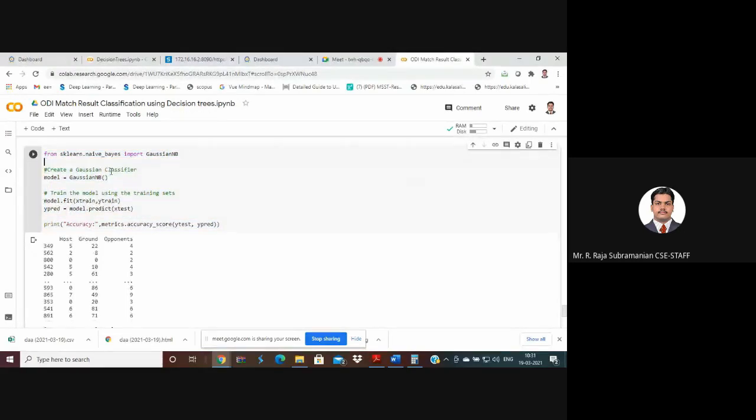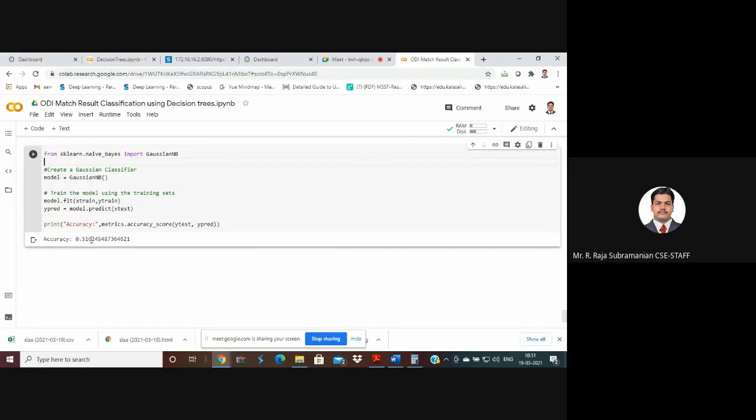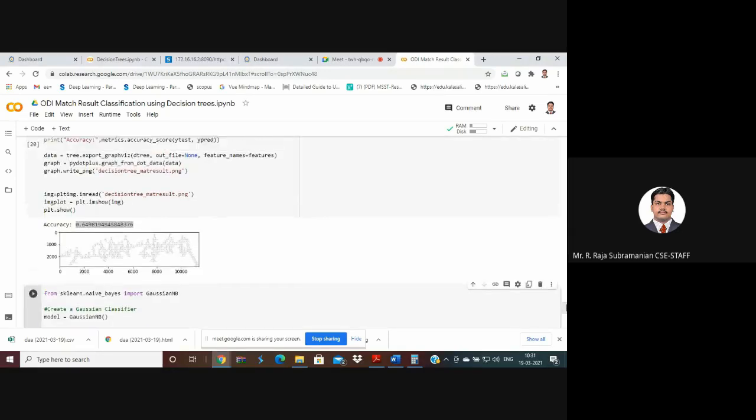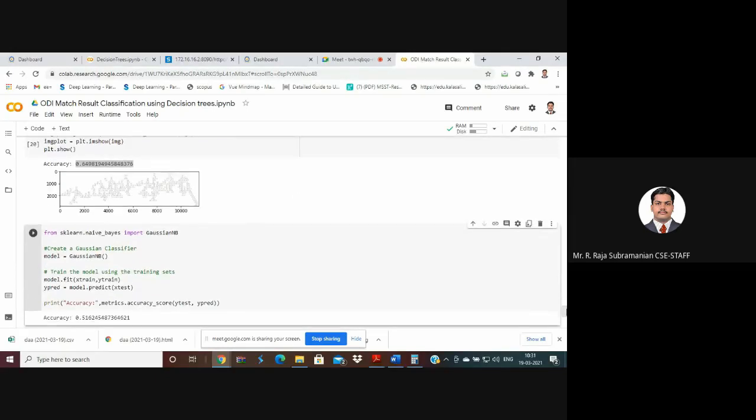You can actually compare and show. If needed, you can also plot the accuracy chart for this particular naive Bayes also, right? So this is 0.51, and over here it is 0.64, nearly 0.65, I can say. So 14% is higher for decision trees, right?